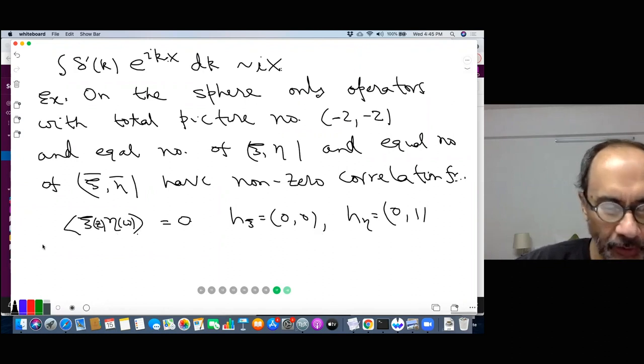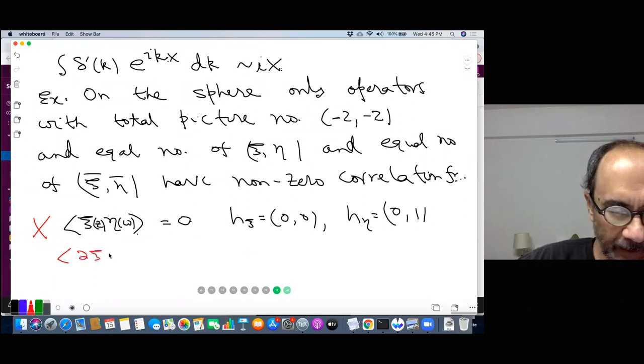This argument is wrong. This is not an argument you can apply, because as I have said, xi should not be counted as a valid operator. The analog of this argument should be involving the derivative of xi. So the basic object that you can start with is this one.